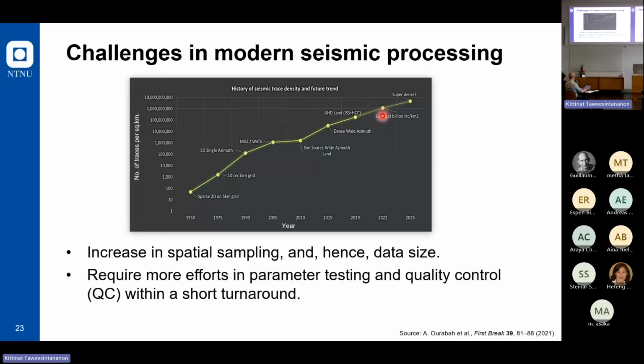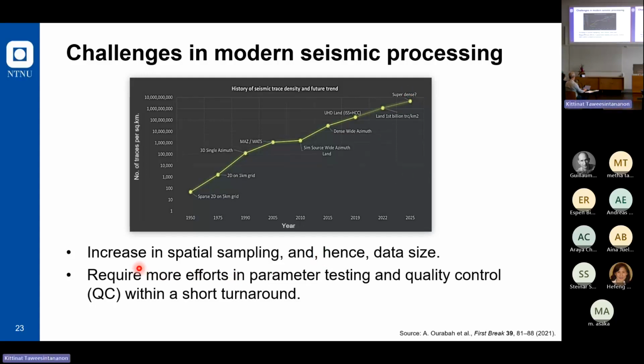If you think that one seismic trace has 3,000 time samples, and each sample is about 4 bytes, you can calculate that it is a very huge number for each shot or data set.